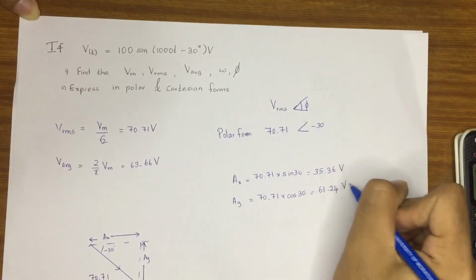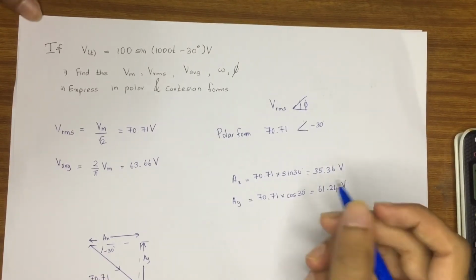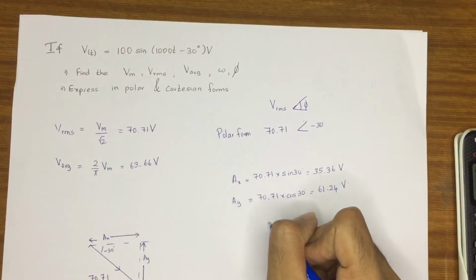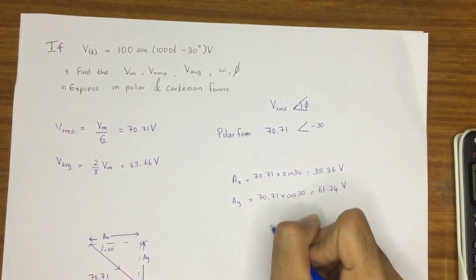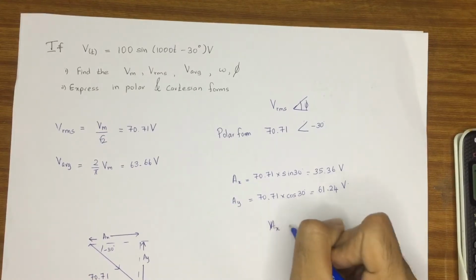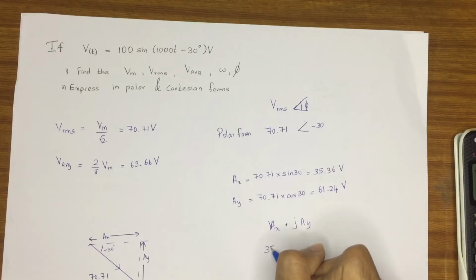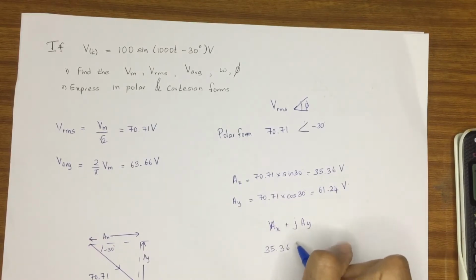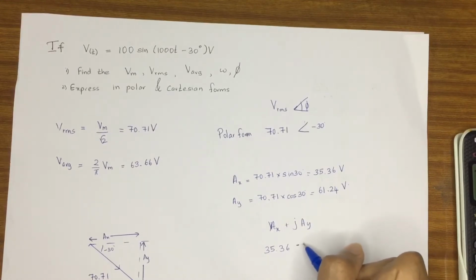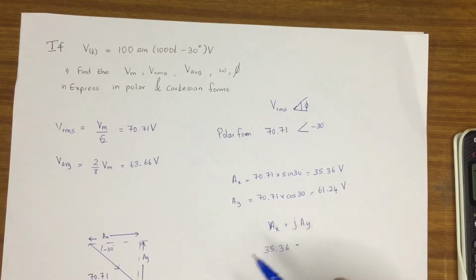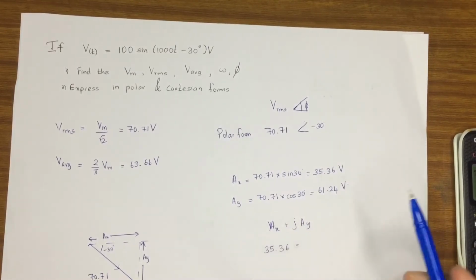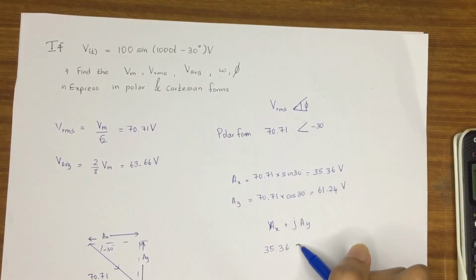61.24 volts. So when we are considering the Cartesian form, we need to use this general notation. Let's say this is AX plus jAY. So when we are considering this, we can directly write 35.36. Be careful, we need to use the minus sign over here. The reason behind this is we are going to consider the negative direction, so we need to use this minus.